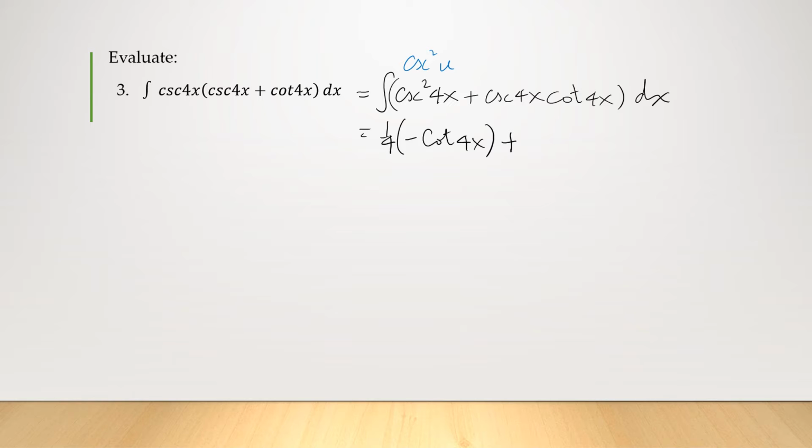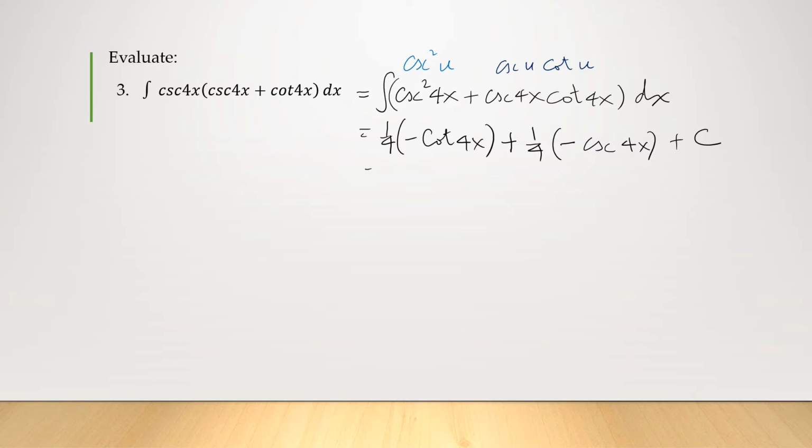Plus, the second integral is of the form cosecant u cotangent u. And once again, u is 4x. The differential of 4x is 4dx. So 1/4 will figure in our answer, and the integral of cosecant u cotangent u is negative cosecant u, or cosecant 4x, plus c.